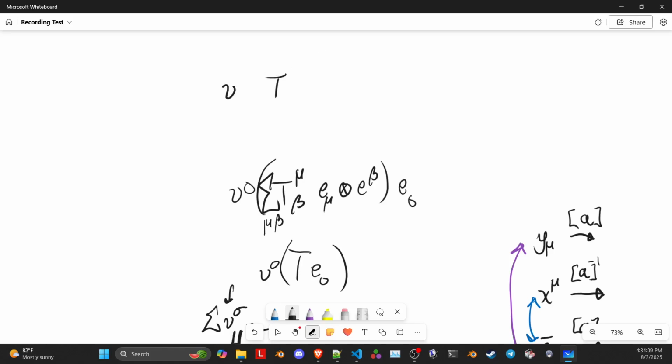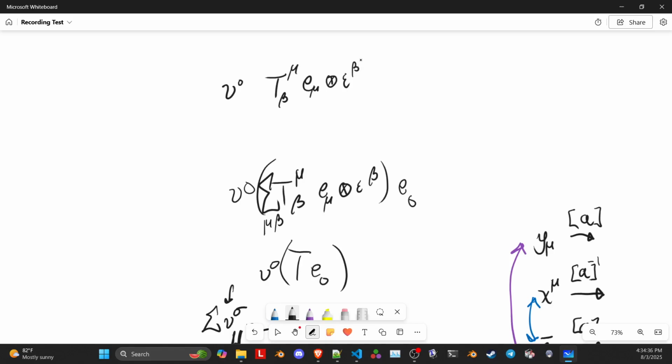So V0 is still out in the front, but now we have this. We can act on E0 with each of the basic 1-1 tensors, E mu, and that should be an epsilon.